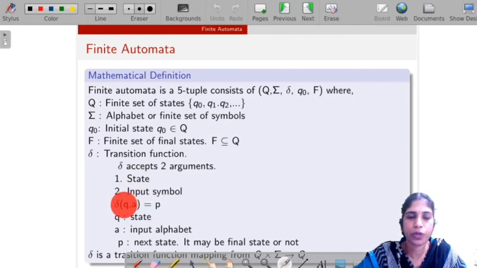After accepting 2 inputs, it generates an output. That is the next state. So here Q is the state and A is the second argument, that is the input symbol. Then it generates an output. That output is called P. P is the next state. That next state may or may not be a final state.